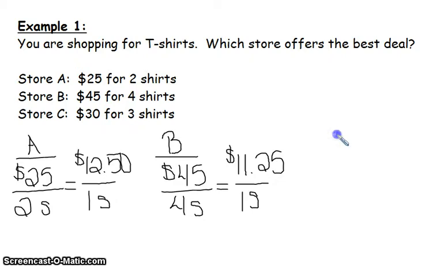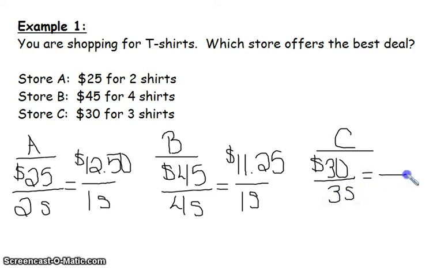Let's look at store C. Store C offers 3 shirts for $30. This one actually is a little bit easier than the other ones. Change this to the correct rate here. For 1 shirt, I'm going to pay $10.